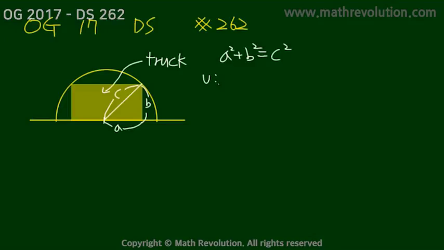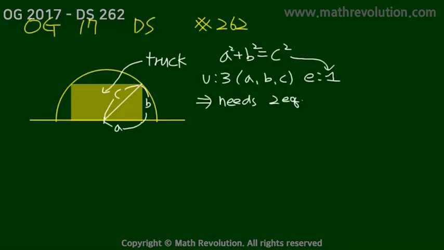So we have 3 variables, a, b, c, and we have one equation, the equation on the top, which means we need 2 more equations to solve this problem. Now each condition, condition 1 and condition 2, gives us 1 equation each. So chances are choice C is the most likely answer.